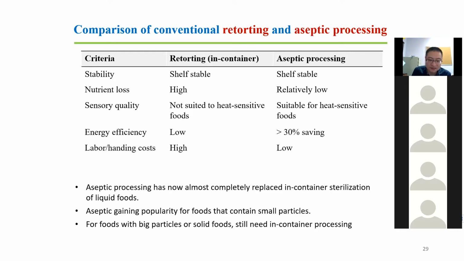So that's their difference. In terms of food, because aseptic processing requires a heat exchanger, we can only process food with very small particles. If we have bigger particles, they have to go to in-container processing. If we have a large piece of meat, there's no way that we can do aseptic processing.